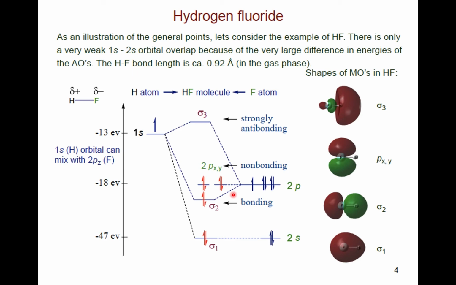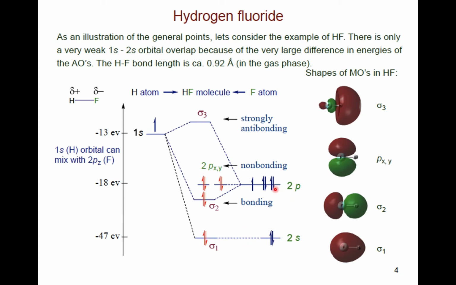All right, we'll talk more about this next time also, but I wanted to show you a heterodiatomic molecule. That means one where we have two different atoms in there. So we have a hydrogen atom here on the left, a fluorine atom on the right. The orbitals capable of engaging in a sigma bond are the 1s on the hydrogen, the 2s on the fluorine, and the 2pz on the fluorine.